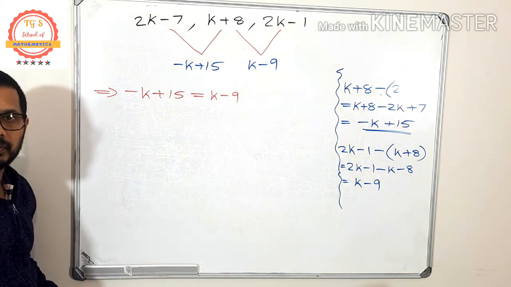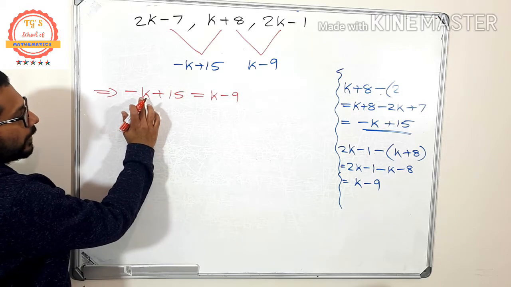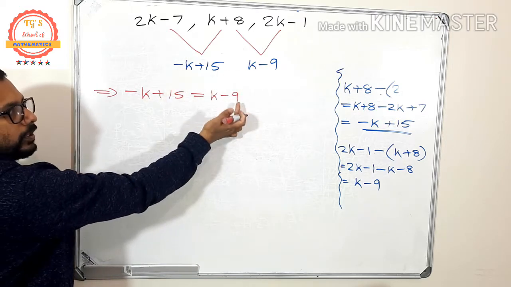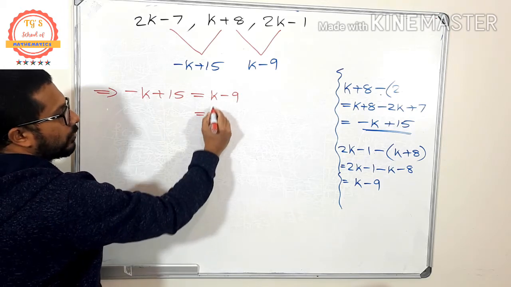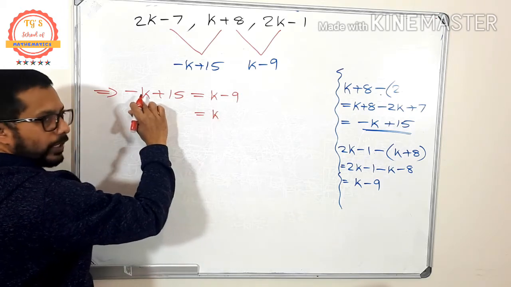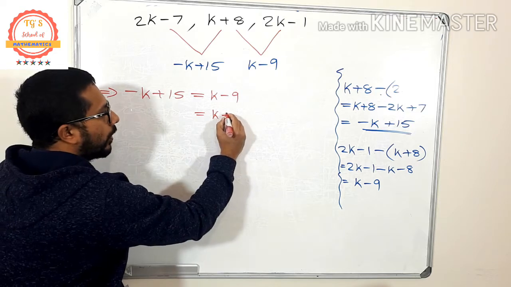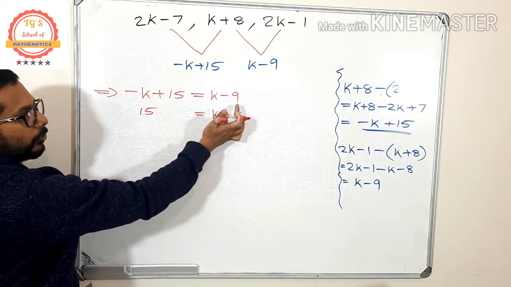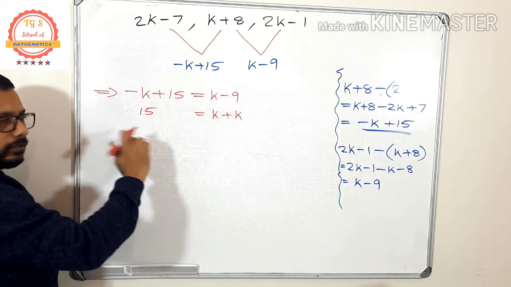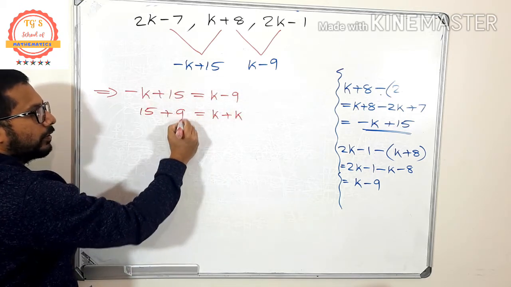Are you fine? Okay. Now let me take this minus k to the other side and this minus 9 to this side. Minus k on the other side, there is already a k there, and this minus k on the other side is plus k. 15 is already on the left side. Now I am going to take this minus 9 to this side, so it is plus 9.